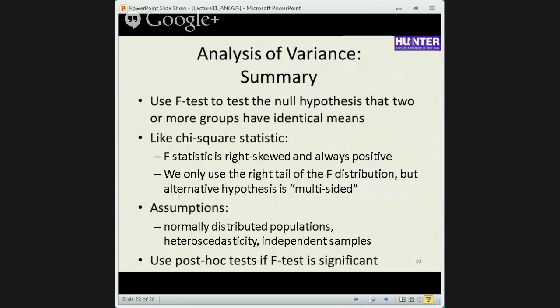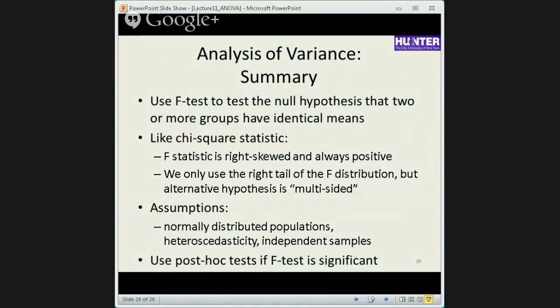Okay, so wrapping things up here and summarizing, the F-test is a test of significance in the case where you have a continuous variable that is grouped by a categorical variable, especially where that categorical variable has 3 or more values.